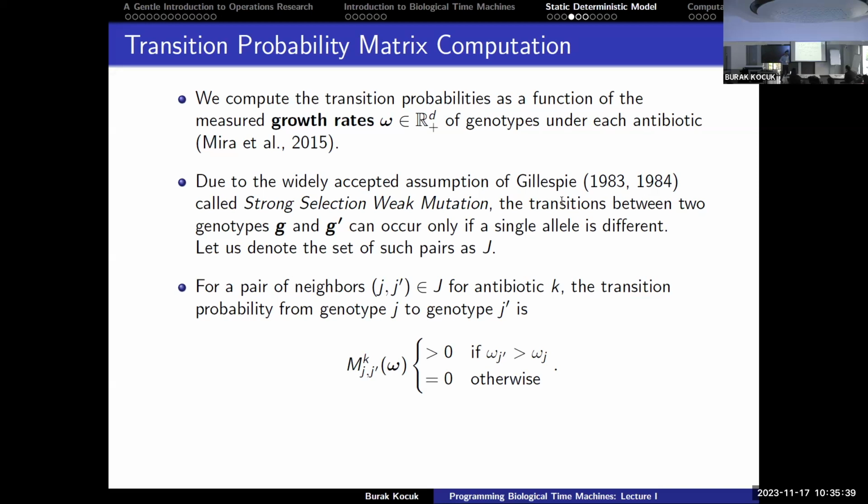Suppose that I'm a genotype and there's my neighbor. If my neighbor is fitter than me, meaning that its growth rate is bigger than mine, I want to become like that. So the probability of me becoming that genotype is positive. That's a reasonable assumption, I guess.